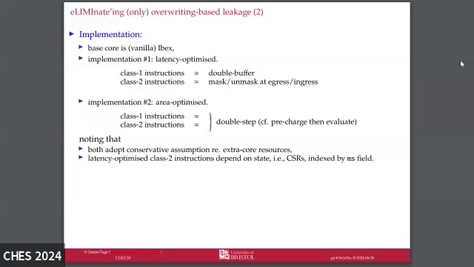And then the second step is just the normal step. I would frame this as analogous to a logic style that has a pre-charge and an evaluate phase, perhaps. Or the other way to look at it is that we're just doing in hardware what you might write in software, but we're wrapping up both of those instructions into one.